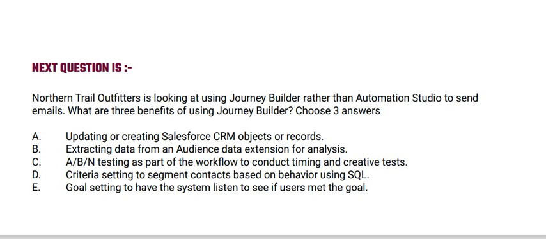Option C, A/B/N testing as part of the workflow to conduct timing and creative tests. Option D, criteria settings to segment contacts based on behavior using SQL. And option E, goal setting to have the system listen to see if users met the goal. The correct option is option C, D, and E.